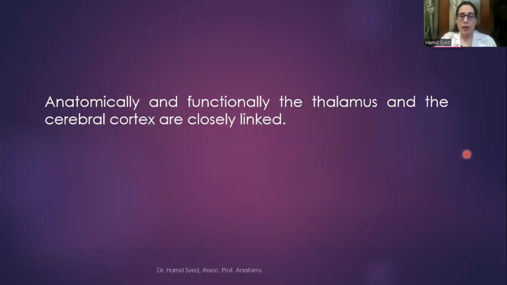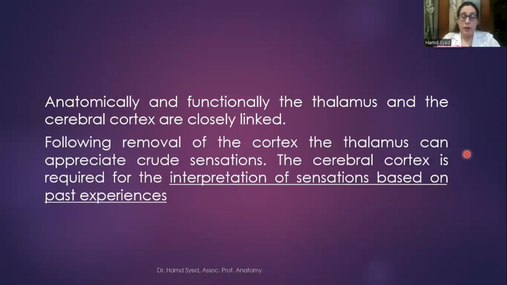Now, anatomically and functionally, remember the thalamus and the cerebral cortex are very closely linked. If there is removal of the cortex, the thalamus can still appreciate crude sensations. The cerebral cortex is required for the interpretation of sensations based on past experiences.